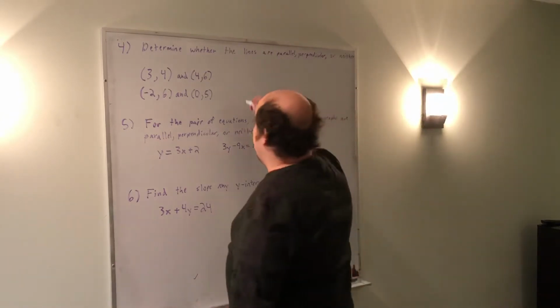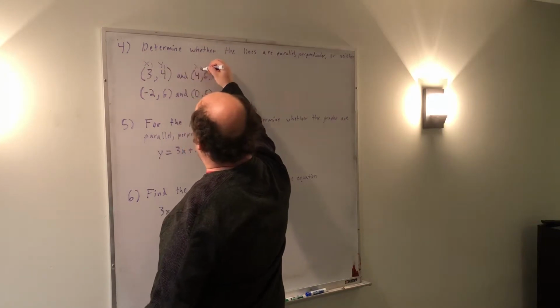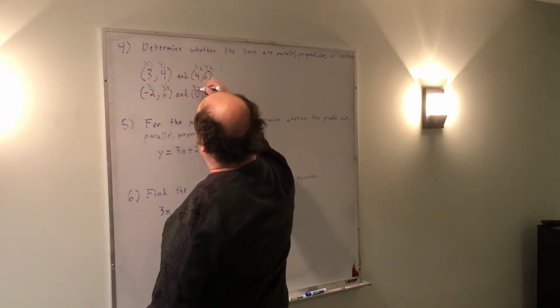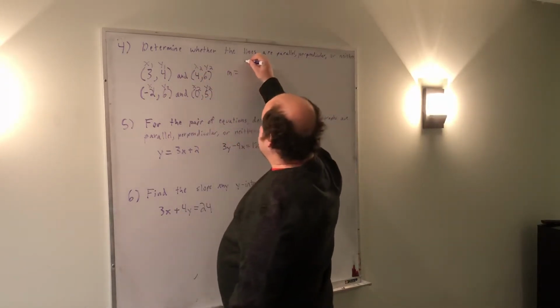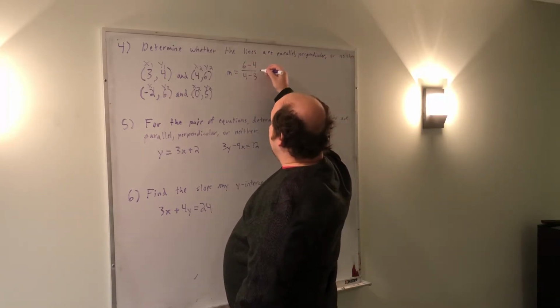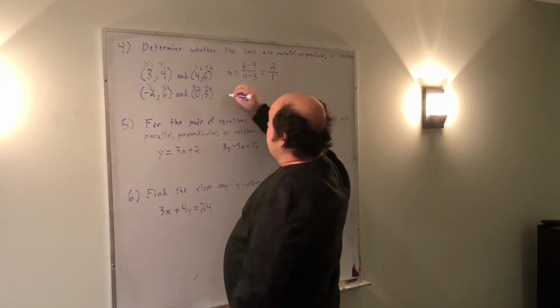So we start by applying the slope formula, labeling these x1, y1, x2, y2, x1, y1, x2, y2. For our first slope, m, we get 6 minus 4 over 4 minus 3, which becomes 2 over 1.